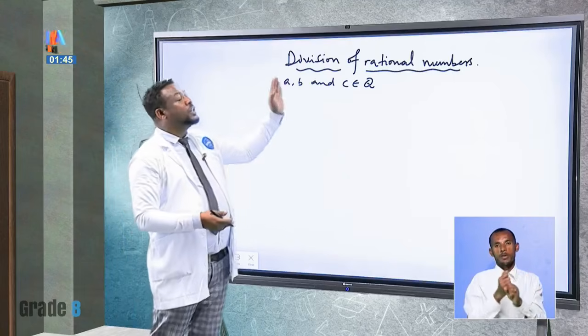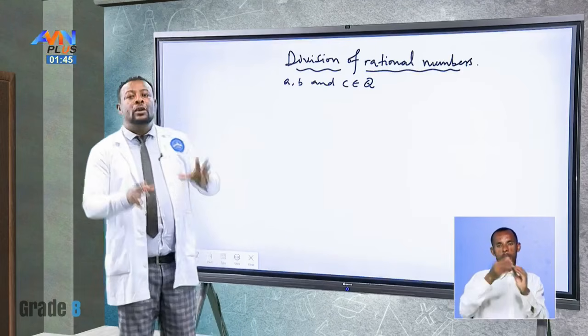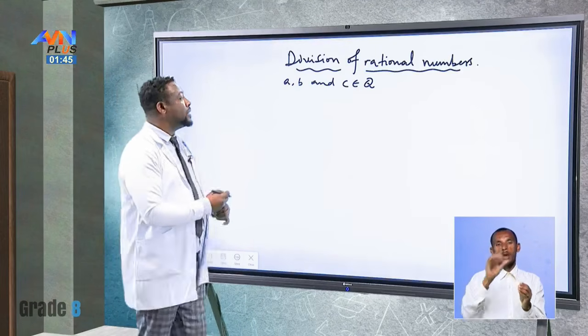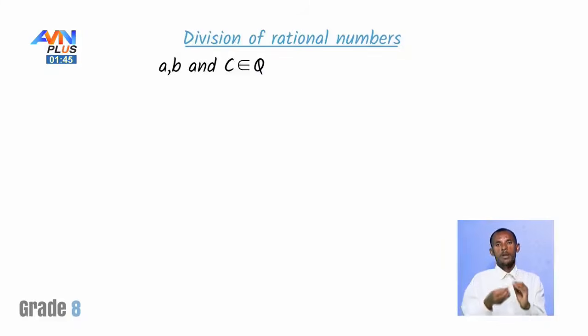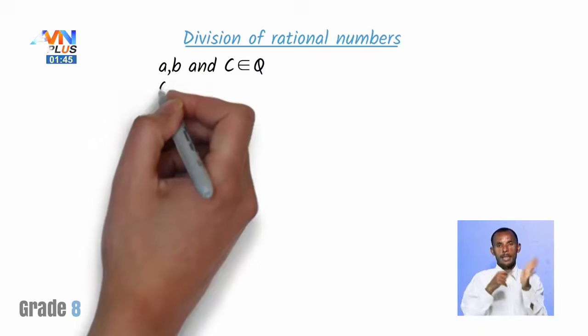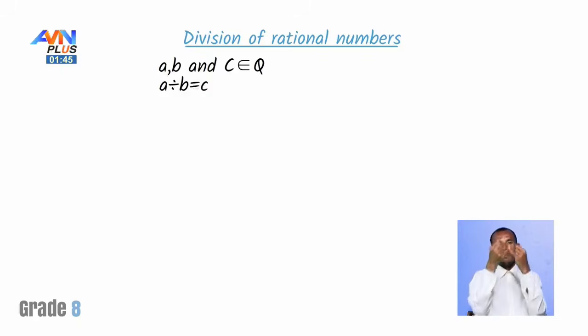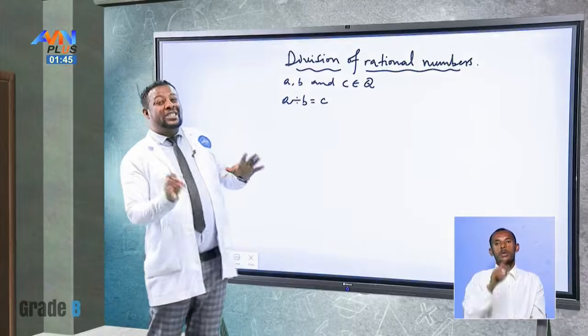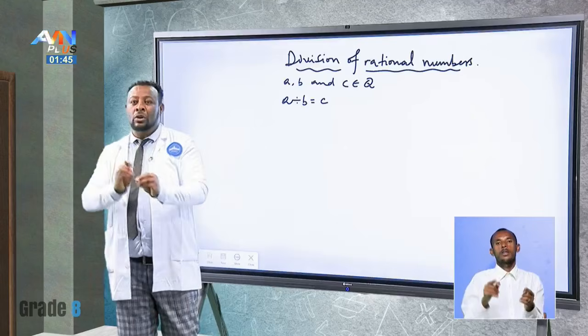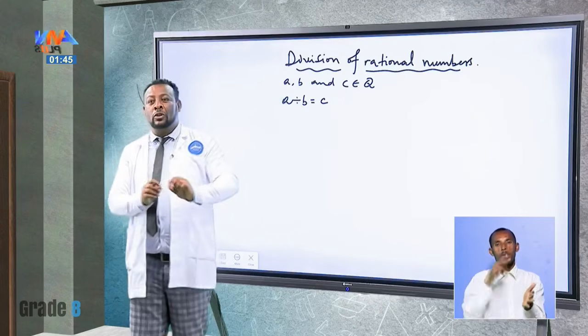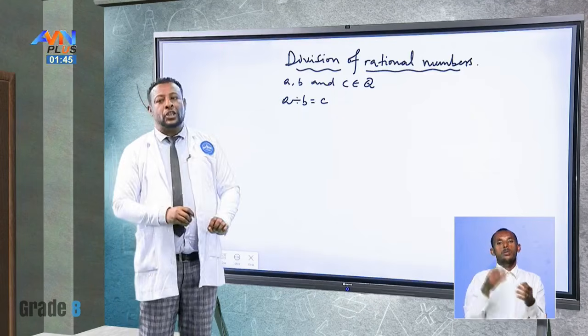If you have three numbers A, B, and C, which are an element of rational numbers, we use this symbol to represent division. A divided by B is equal to C. Okay, you are familiar with the different operation symbols. We use this symbol to denote division.